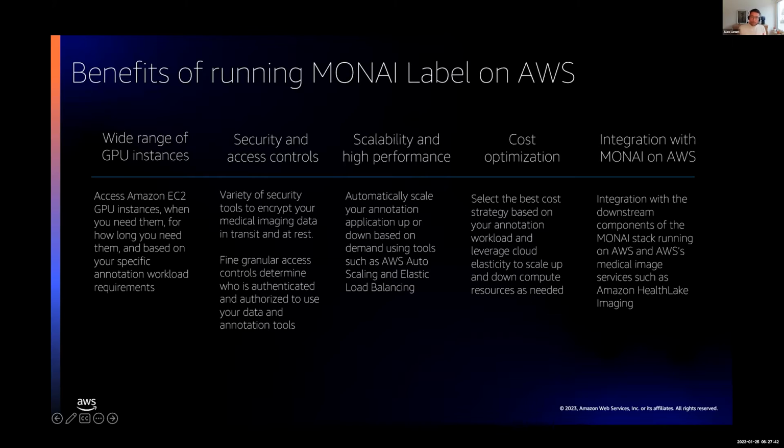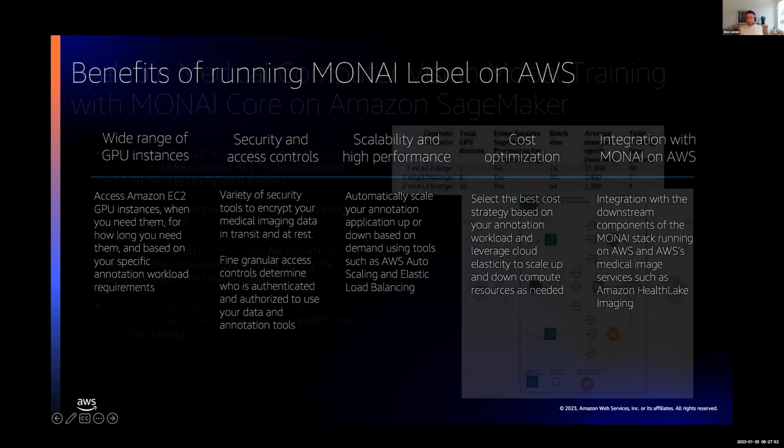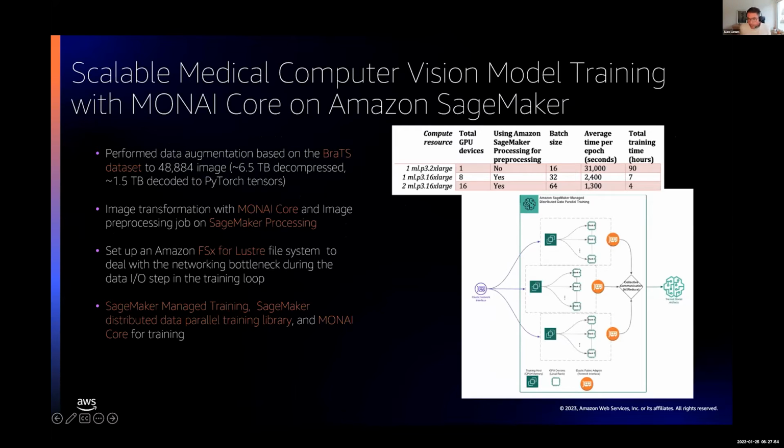All of the benefits you see here for MONAI Label, of course, also exist for different MONAI components. And if we now have a look at MONAI Core in particular, I'm not going into any of the details on that slide, but I'd like to highlight just a few things. What you see here in front of you is not MONAI Label related.